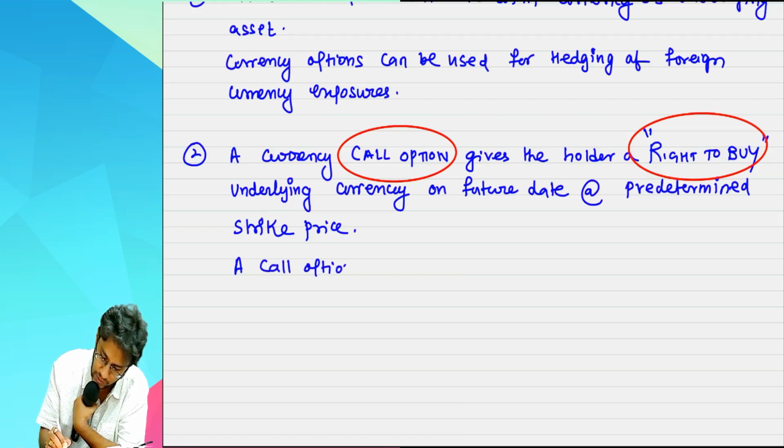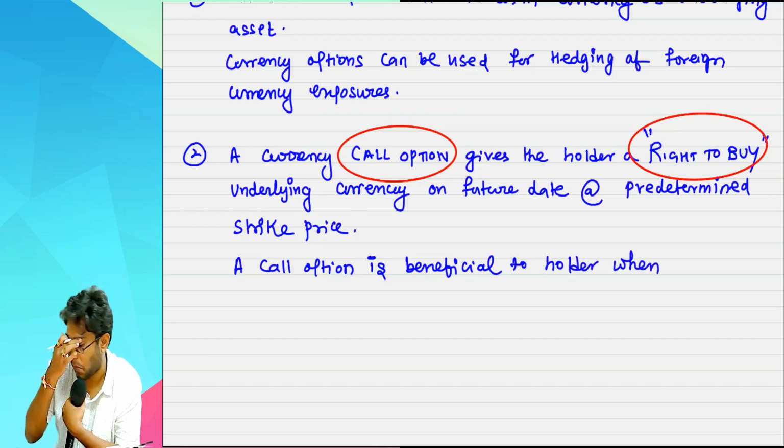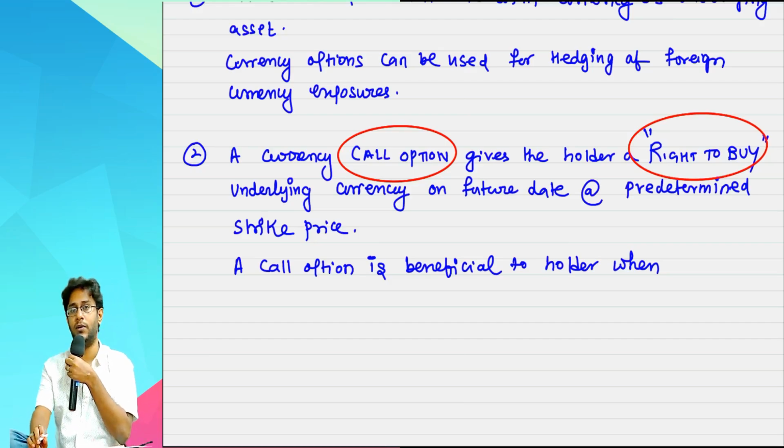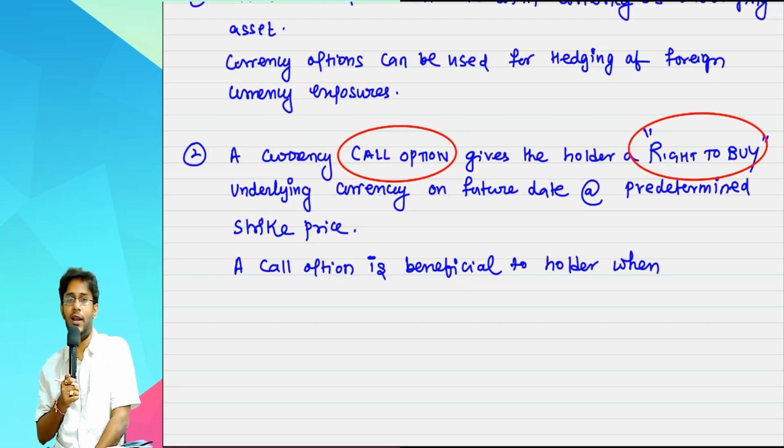Same point only, next line. A call option is beneficial to the holder when, tell me, the market price is likely to increase or decrease? Increase, otherwise the option will lapse.